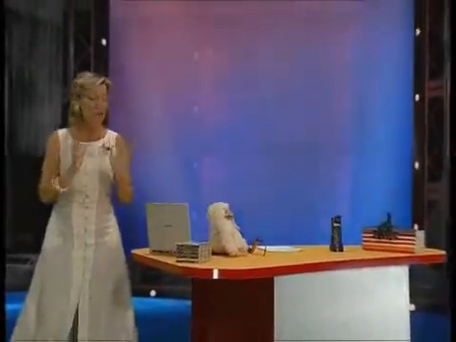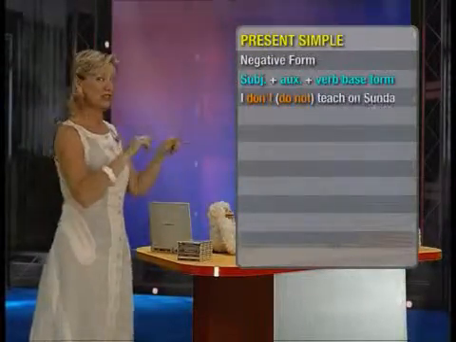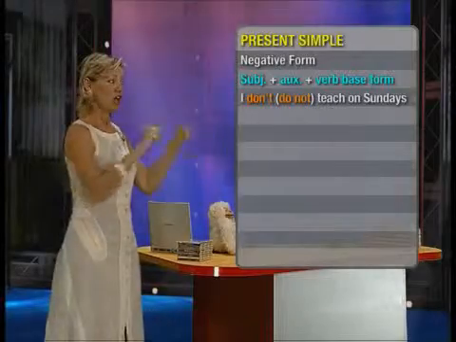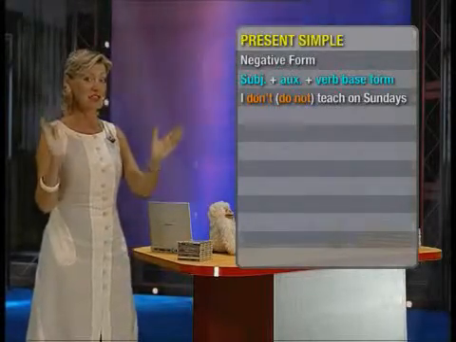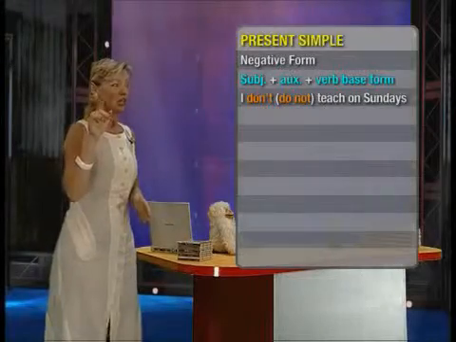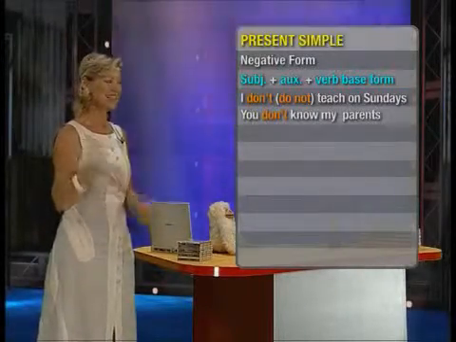And now we need to go and look at the screen, because we need to see how that works in comparison to the positive form. All right? Great. Now, look at the examples. I don't teach on Sundays. Do not becomes don't. You don't know my parents.